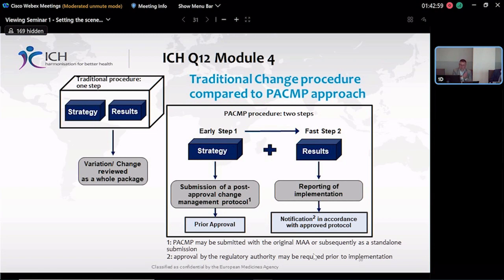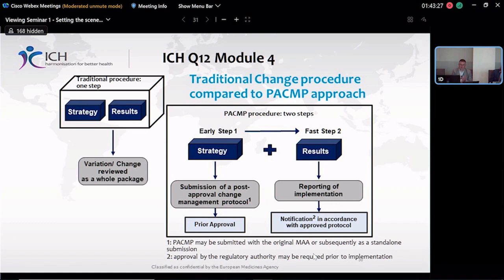I'm going to manufacture a number of batches, say 3 batches. These 3 batches, I'm going to compare the results to the batches from my current manufacturing site. And then I'm going to present all the results together in a variation package to the regulator. And the assessor reviews this as a whole package. A type 2 variation would take between 60 to 90 days to review.